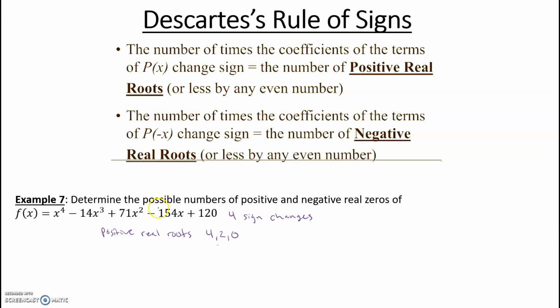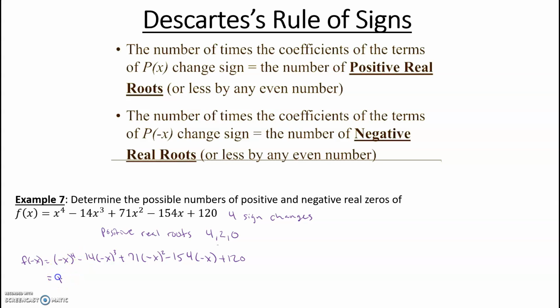Now the negative real roots, you want to find your function at negative x. So let's go ahead and plug that in, negative x to the 4th, 14, negative x cubed, 71, negative x squared, 154 times negative x, and 120. So let's simplify this down.